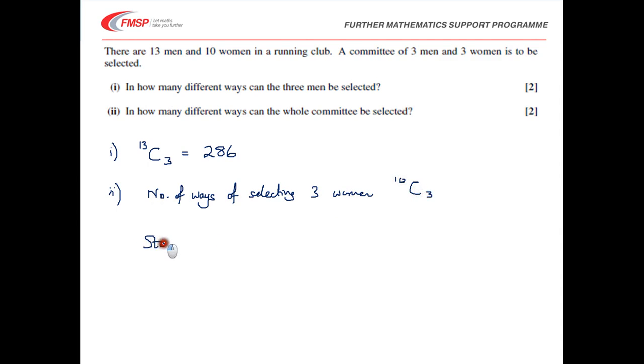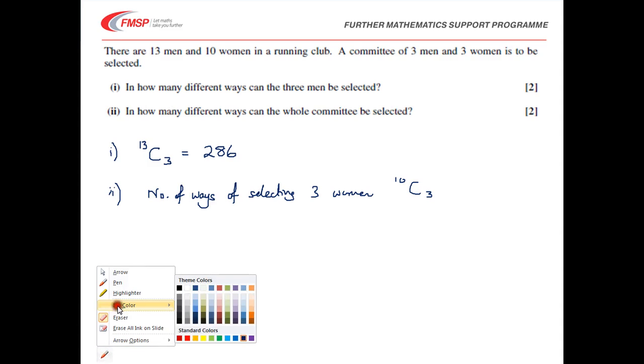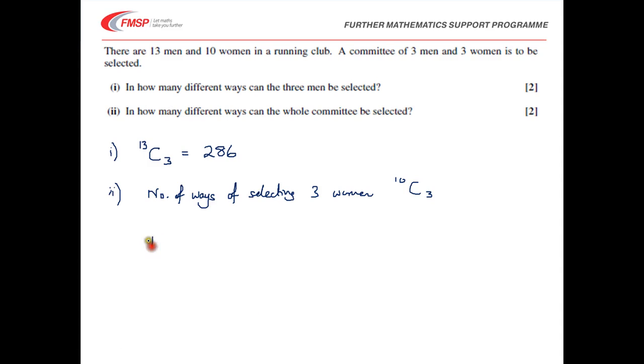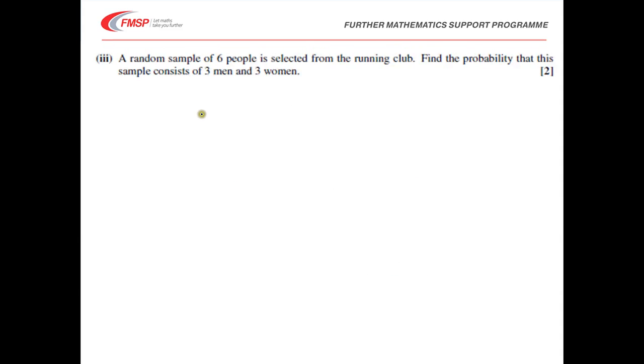So the total is 13 choose 3 times 10 choose 3, which is 286 times 120, which is 34,320.